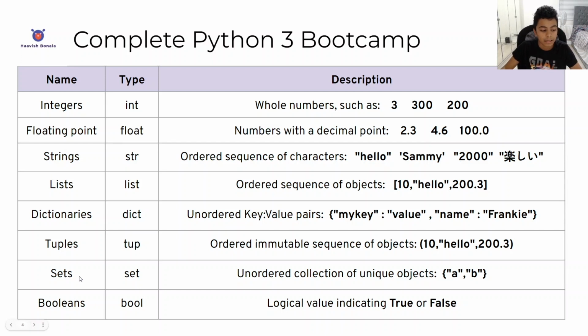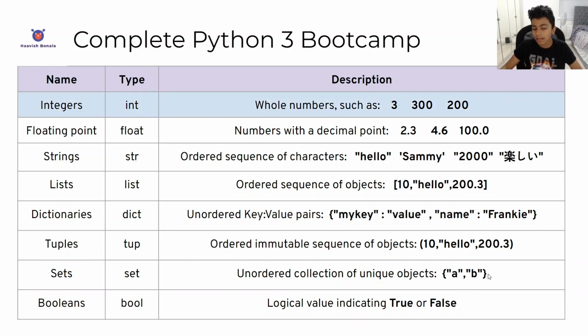And you have sets, which are basically unordered collections of unique objects. For example, if you have a list which has a repeated number or a repeated string or a repeated float or repeated list, if one item is equal to another, then if you cast it to a set, you'll learn about casting in future classes, you'll only get that value once.